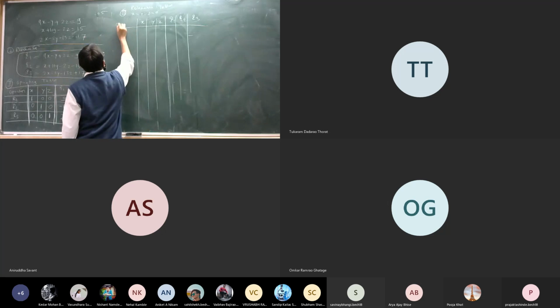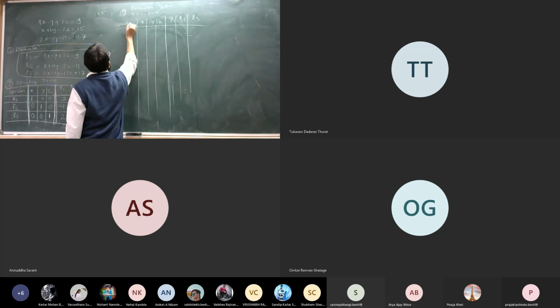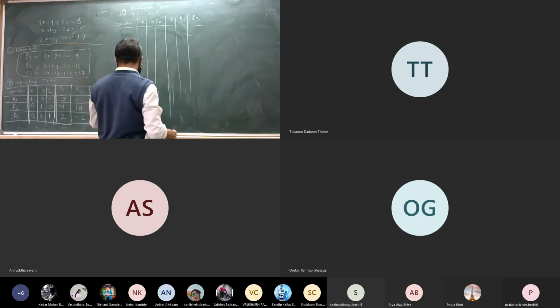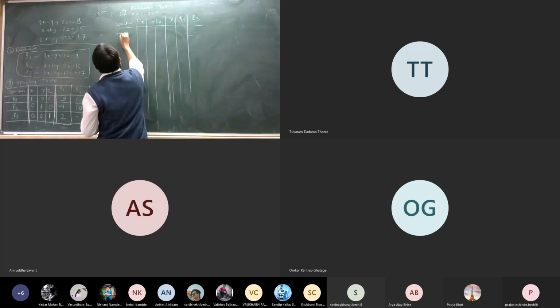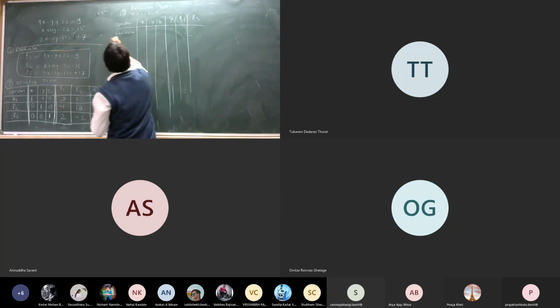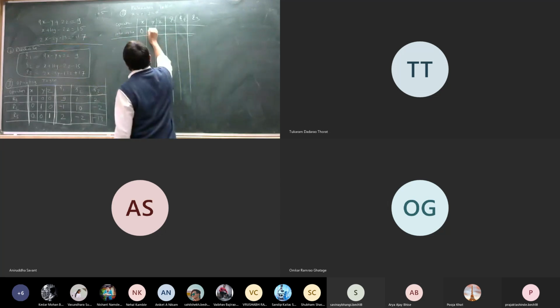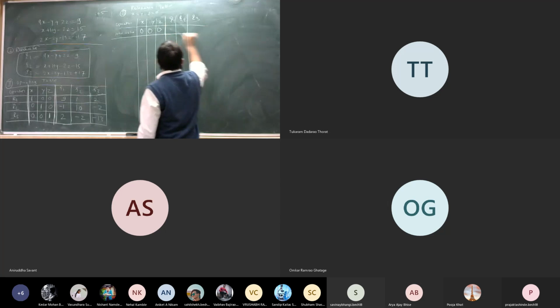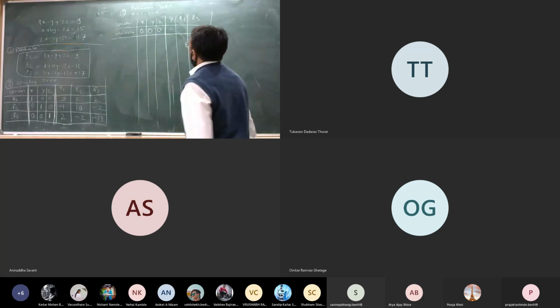Again, we have to write the operation, and we have to keep x, y, z as equal to the initial values. That's why I have written initial values: x0, y0, z0.